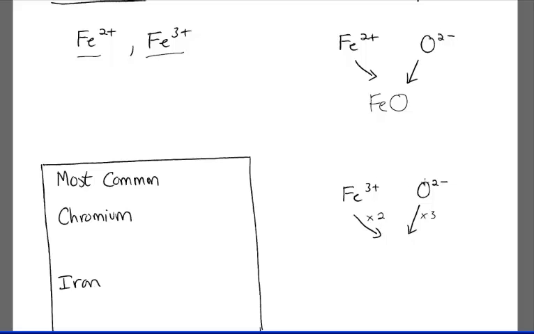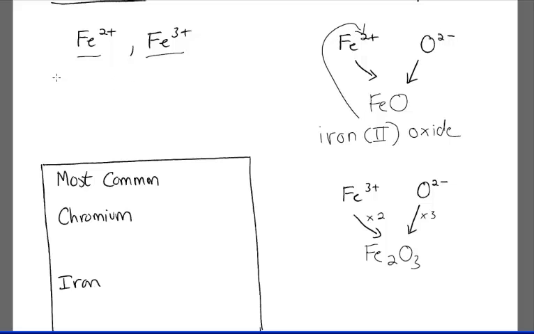Some people like to think of this as crossing these over. The 2 goes here, the 3 goes here. Although notice up here, if they're 1-to-1, they stay 1-to-1. So it becomes Fe2O3. Now both of these are iron oxide, but one's with Fe2+, one's with Fe3+, so in the name, we include Roman numerals, and we say iron(II) oxide because it comes from the 2+.